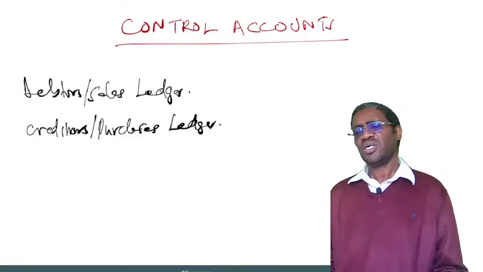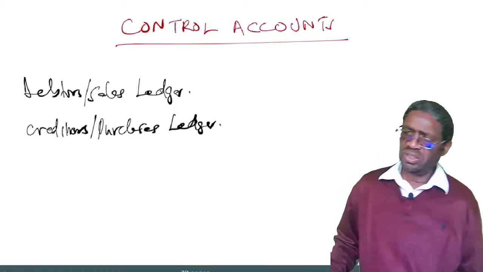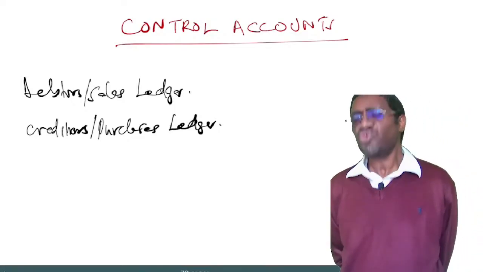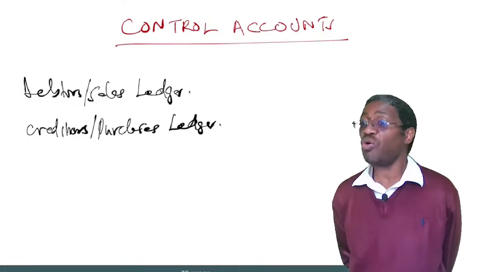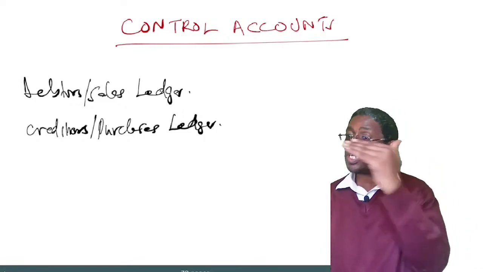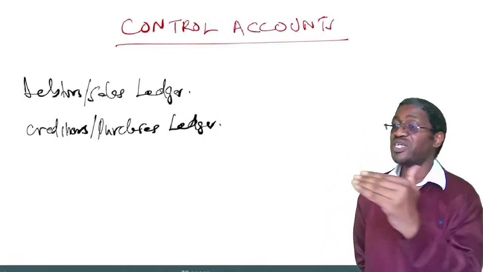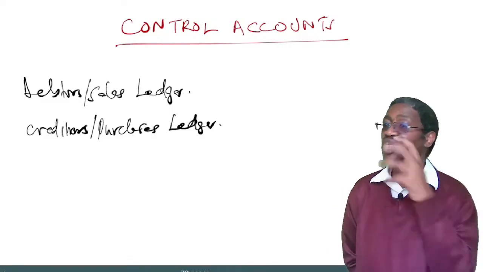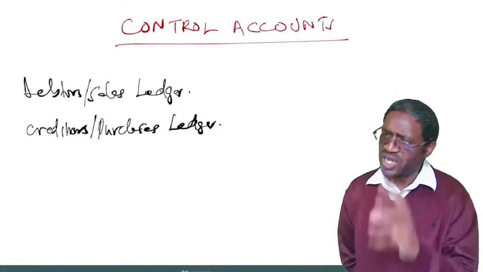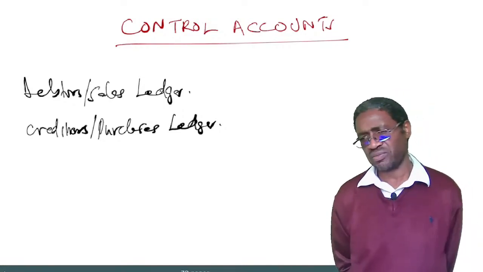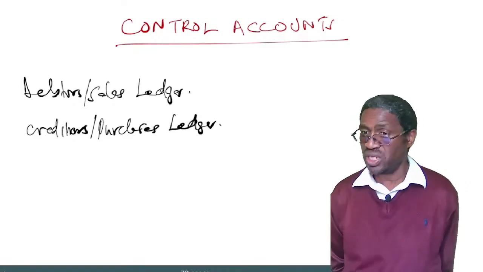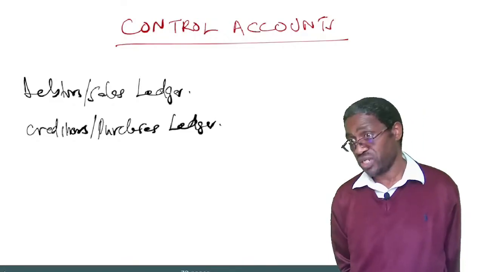Now, listen, you may want to know whether you have been doing the right thing in the recording of the accounts. Remember, you have been recording the transactions in the accounts in these ledgers. So you want to know whether your ledgers are correct, or whether the entries you made in the accounts in the debtors ledger are correct.